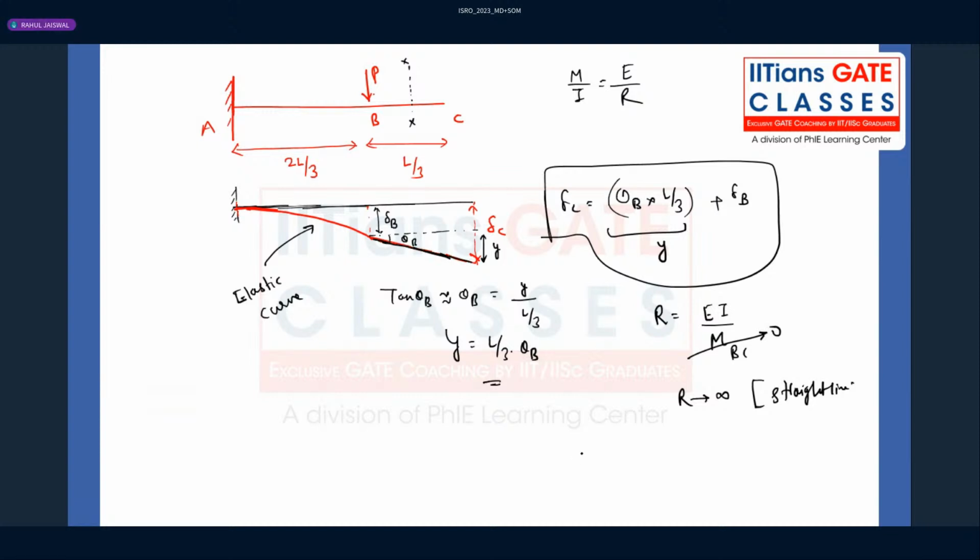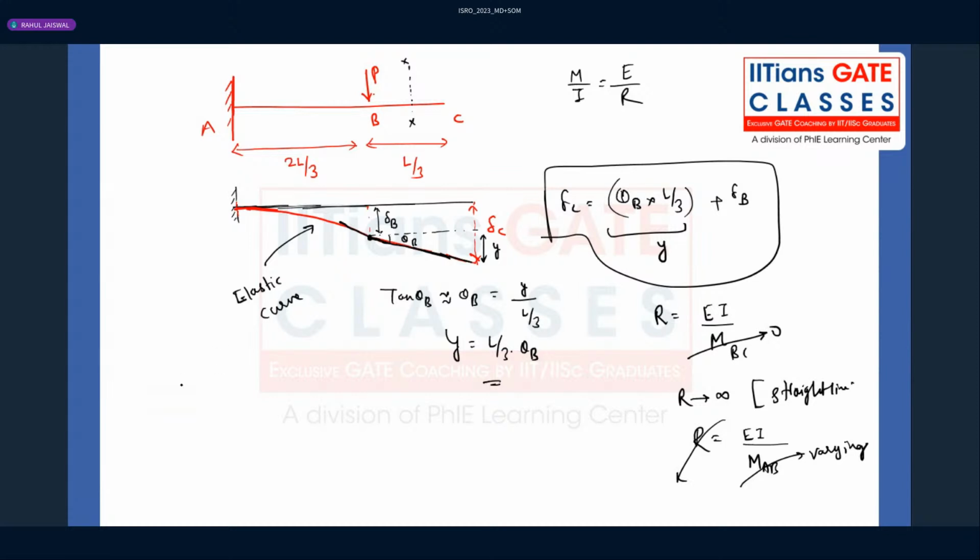But from A to B the radius of curvature is variable, since the bending moment is varying. When the bending moment is varying, we get a parabola, because a parabola has varying radius of curvature. That's why we plotted a parabola. But at the junction point B, the slope offered by this parabola and this straight line will be the same. That's why we use the same theta B for calculation of delta C.